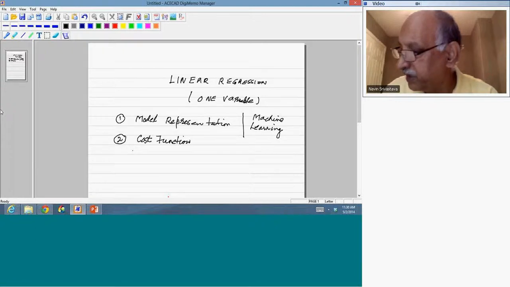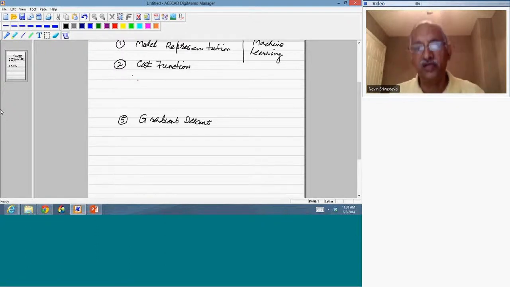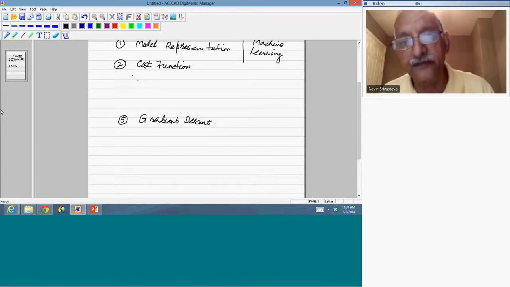We are going to look at another important concept, called gradient descent, again a tool or a method of finding the minimum cost function, and this gradient descent also. Okay.